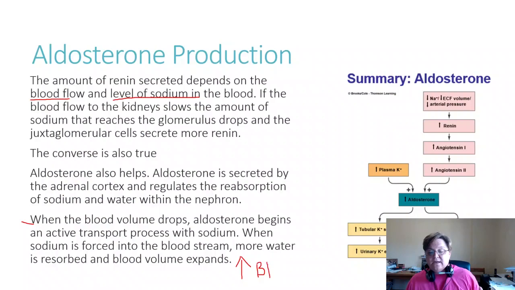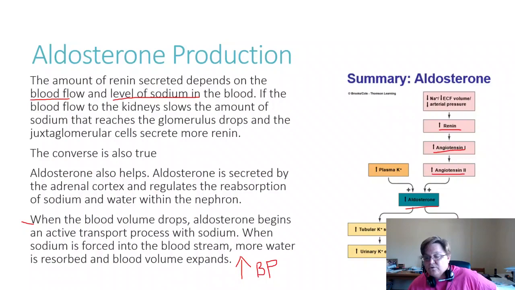I think there's a lot of ways to help remember this, and I try to use some images and diagrams, at least in a simplified fashion, to help you remember. So if it helps you to draw them out, use one of these diagrams like this. If it is better for you to write it out in words, then do that. Whatever's going to help you remember what's happening. So if our renin is increased, we're going to have more angiotensin 2 or 1 and 2, and that's going to increase our aldosterone.